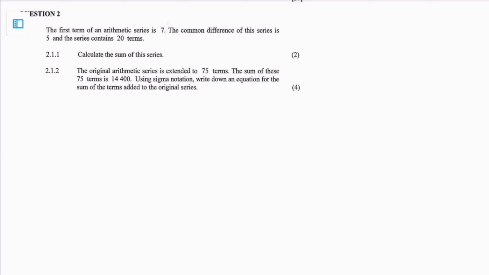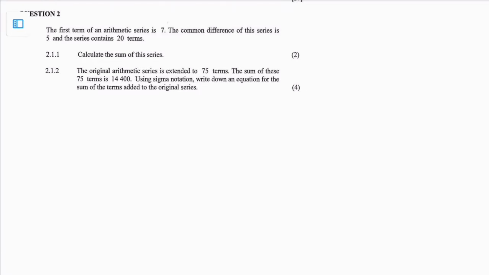So they say here the first term of an arithmetic series is 7. The common difference of the series is 5, and the series contains 20 terms. So calculate the sum of the series. That's very simple. So the first term of the series is 7. So before we start, let's just make sure we are clear on the formula.